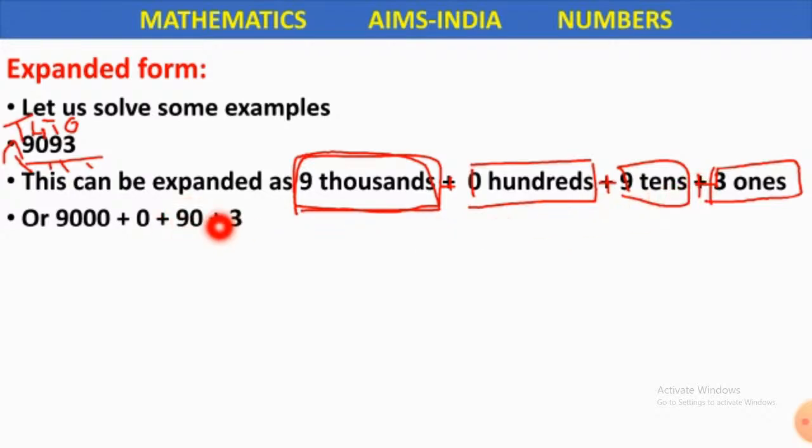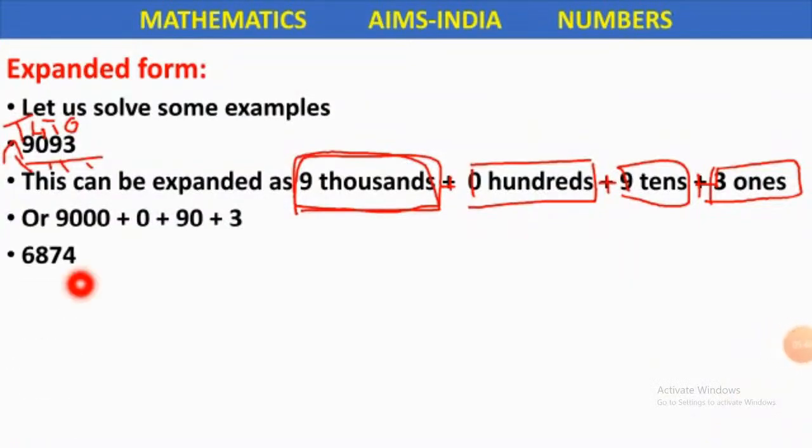Again plus 3 ones. 3 ones is nothing but 3. So 9093 can be expanded as how, children? 9000 plus 0 plus 90 plus 3. We have written the place values of each digit and then added them up.